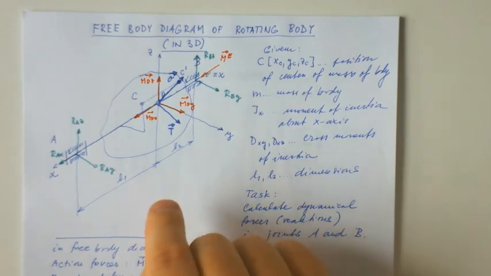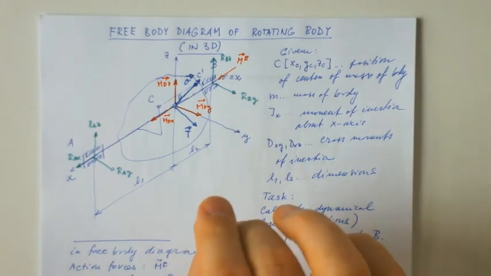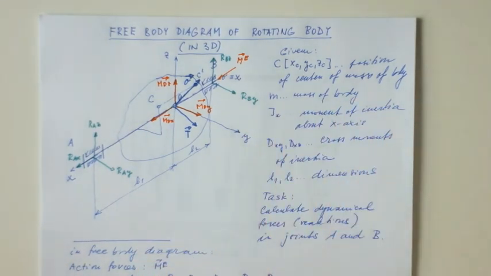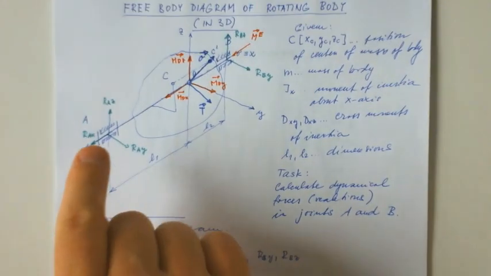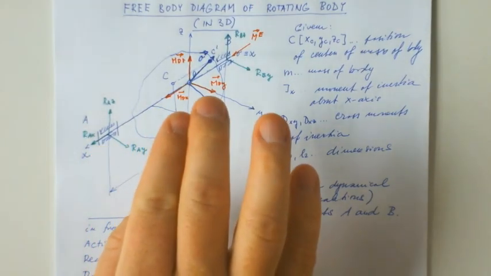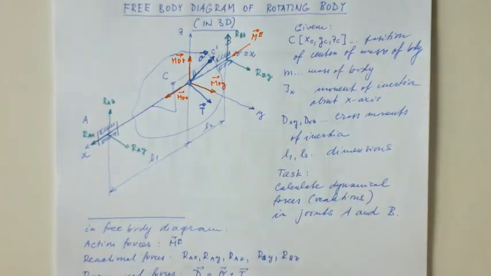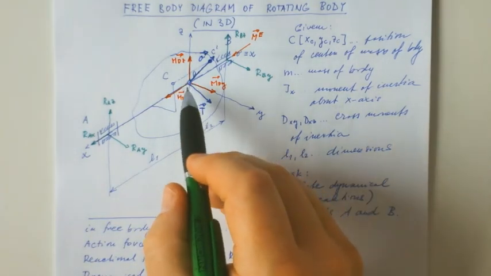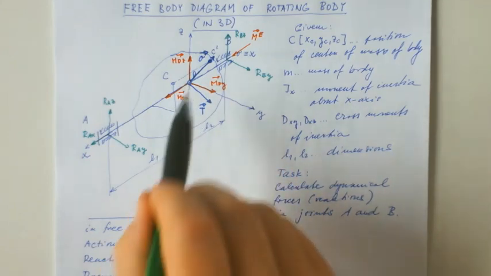So it's not so complicated, and if you have any question, please ask me by email. So now it's completed. The free body diagram is completed. Let's notice that all dynamical forces are placed into the origin of coordinate system.